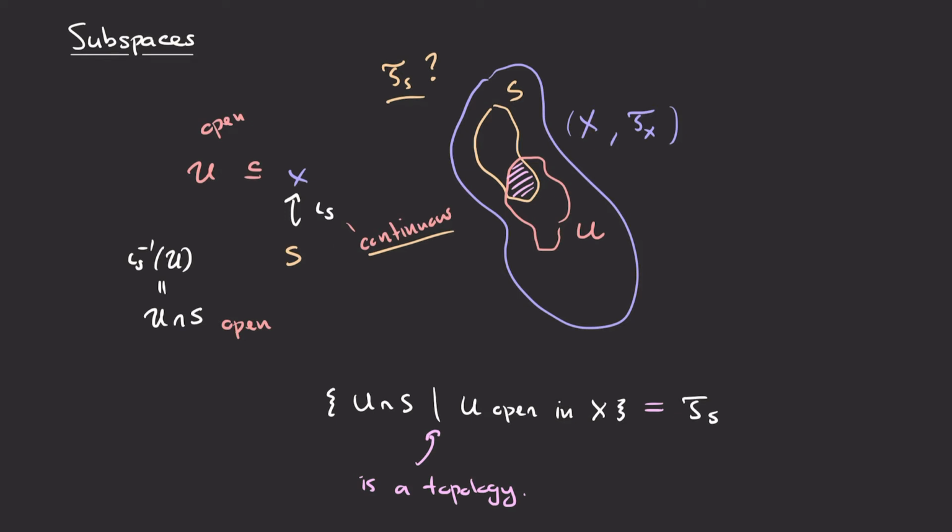All of this only works if this collection down here is actually already a topology, which luckily it happens to be.